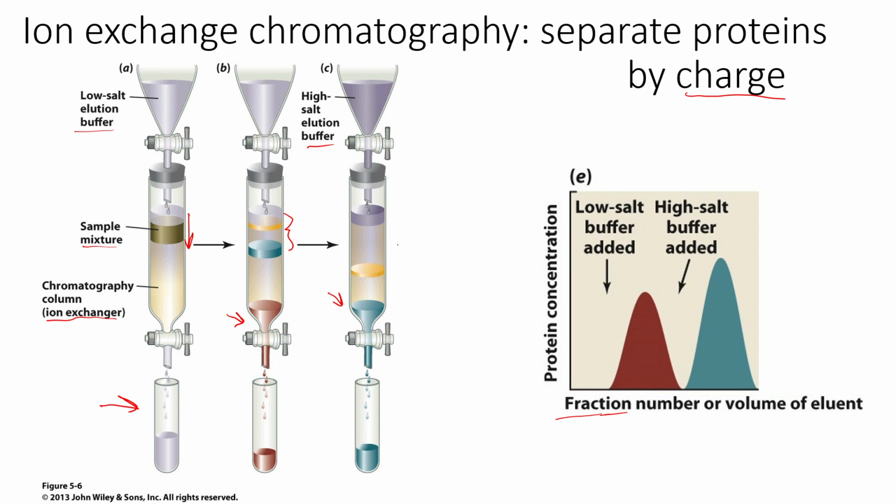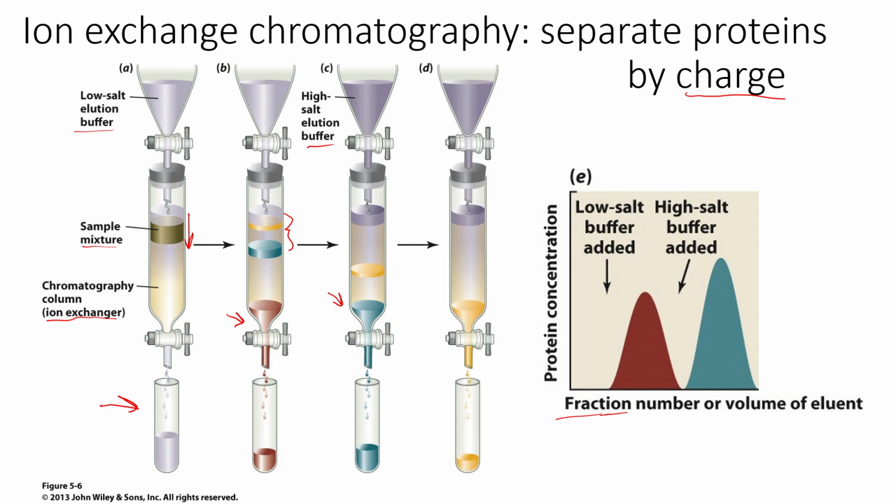So we'll see our blue protein comes out, and then finally, as we keep pushing through more and more of this high salt buffer, last our yellow protein will come out. Then when we make this chromatograph, based on the different fractions that we collect, we can see when these proteins elute out and how much of each protein we have, and that's based on their charge and their interaction with this charged column.